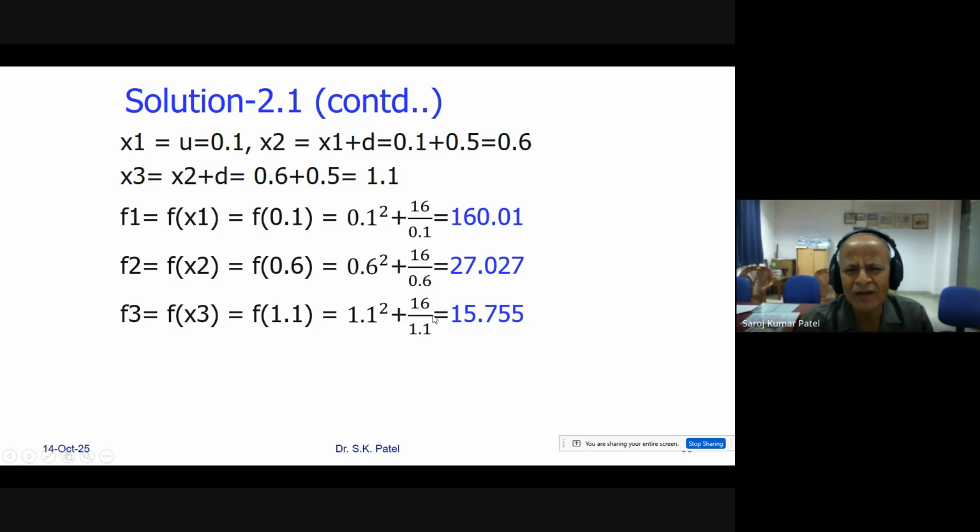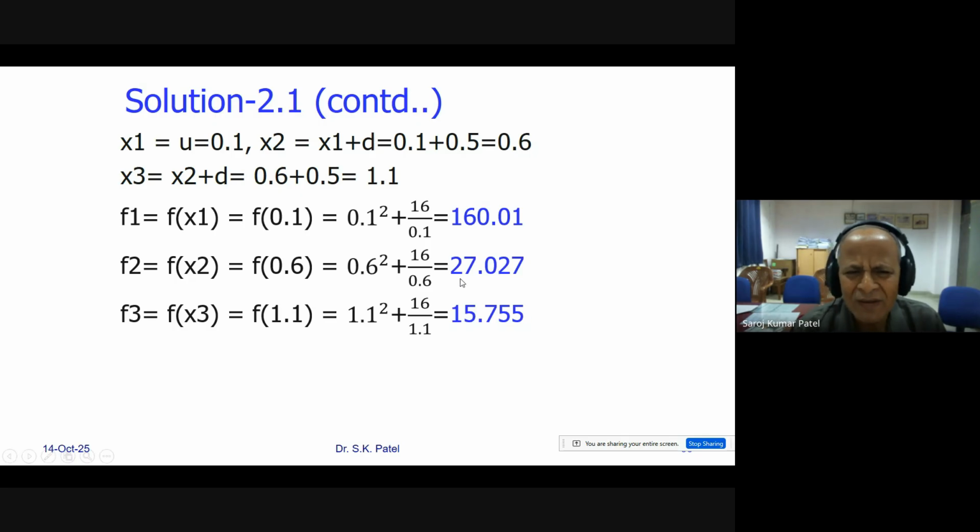If you compare, the values are decreasing gradually. 160 is greater than 27, and 27 is greater than 15. So the value is decreasing. What is your conclusion? Don't stop, proceed to the next point.